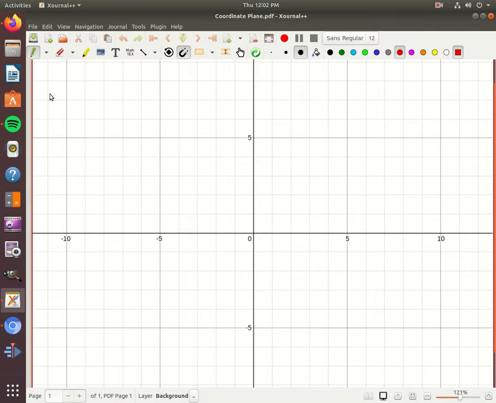Again, I have y is less than or equal to 2/3 x plus 3, and I have y is greater than or equal to 2/3 x.